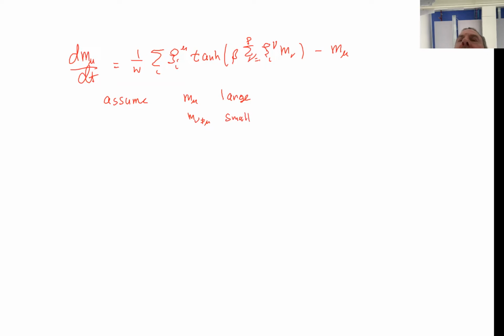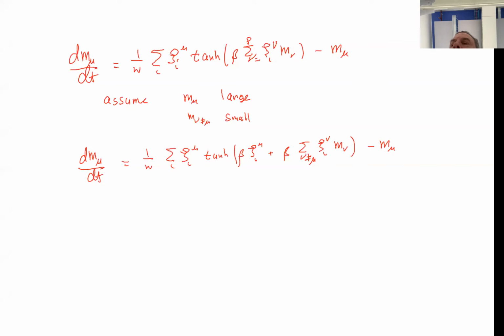So as usual, we break things up. We write dm_μ/dt equals 1 over N, the sum on i, ξ_i^μ tanh of β ξ_i^μ, plus β, the sum over ν not equal to μ of ξ_i^ν m_ν, minus m_μ.